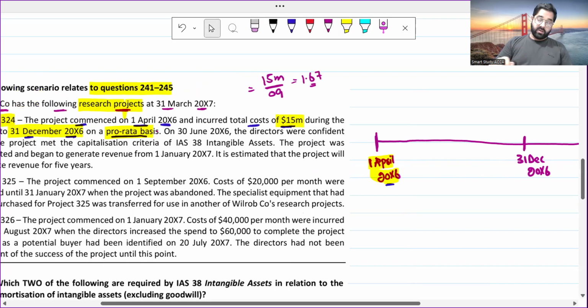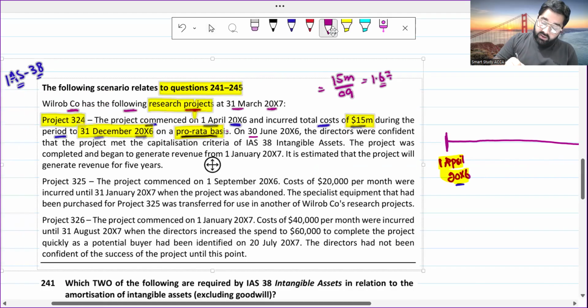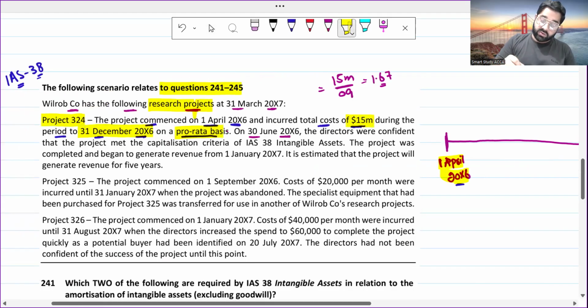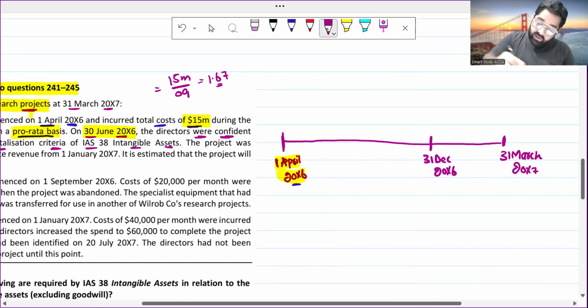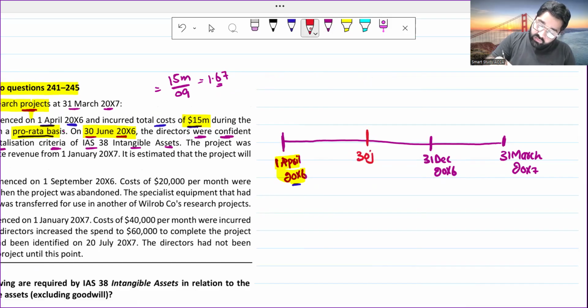Okay. On 30th June 20x6, the directors were confident that the project met the capitalization criteria of IAS 38 intangible assets. On 30th June 20x6, the criteria have been met.